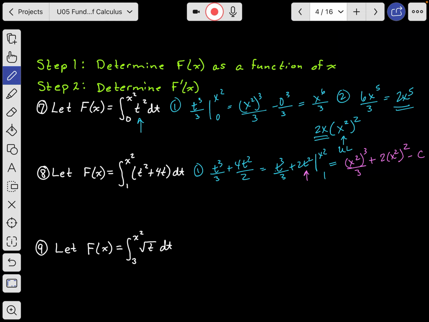This first term is going to give you x to the 6th over 3 plus 2x to the 4th. I just want to make sure I have my notes right. All right, yep. So now this is the end of step 1.